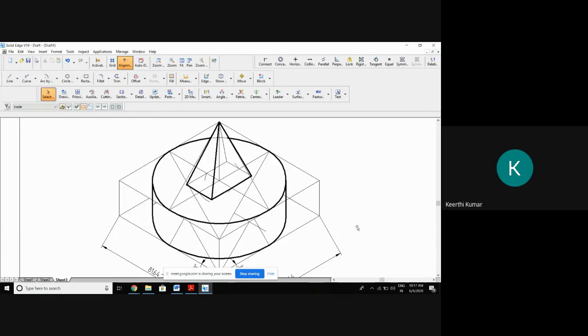First, initially you draw everything with a thin line. Later on, you go for thick line. It will be good. Done, sir.